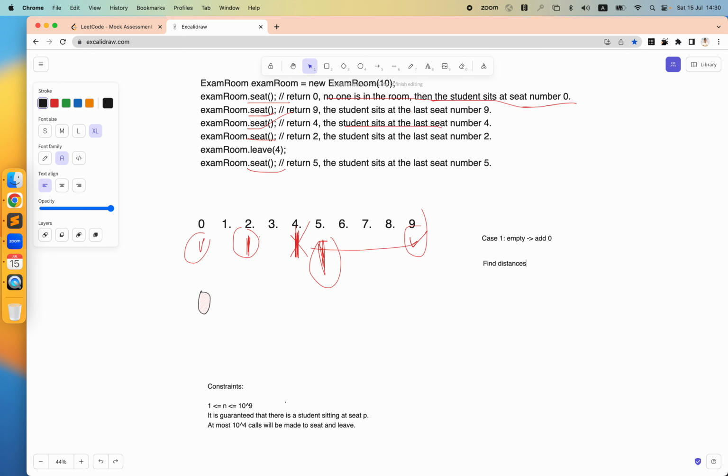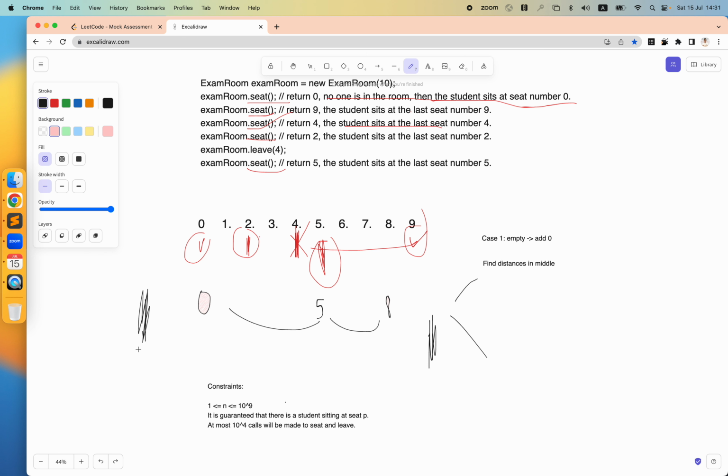Distance in the middle. Find distance in middle. Okay, maybe if I have this one, then this is the distance in middle. This one, distance in the middle. Okay, and distance in the last one and in the first one.